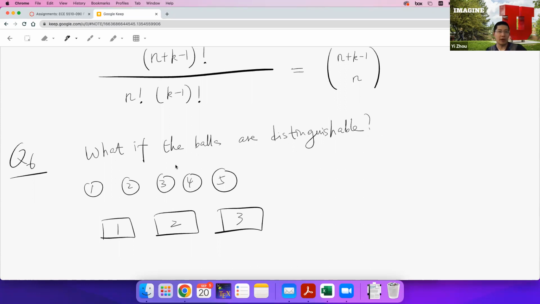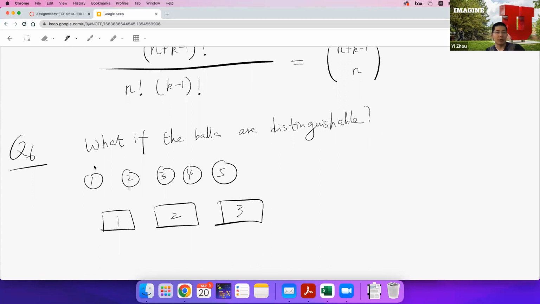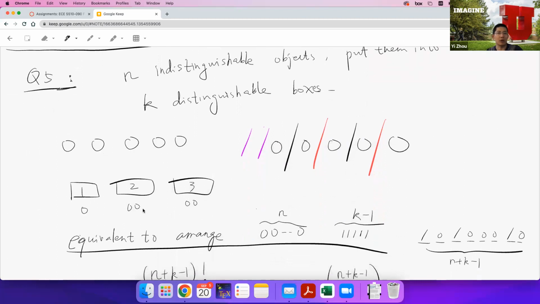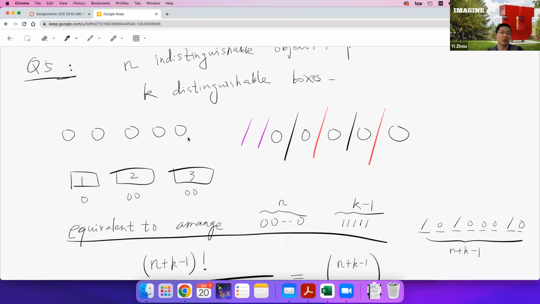But now, compared to the previous question, because the balls are distinguishable, even if we put two balls in box 2, if we put 1 and 3, this will be different from putting 4 and 5 in box 2, because they have different labels. But in the previous question, we don't have labels for the balls.